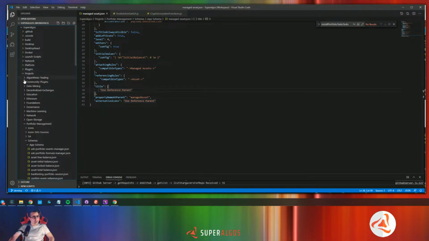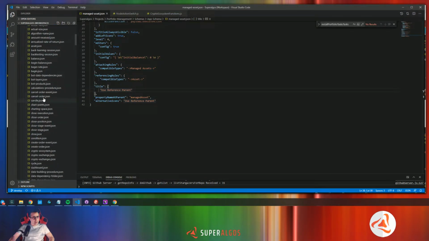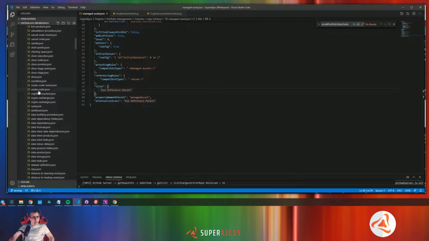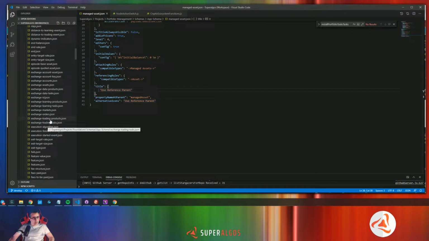Foundations, schema, exchange, trading task, yeah, but not exchange, trading products, learning.